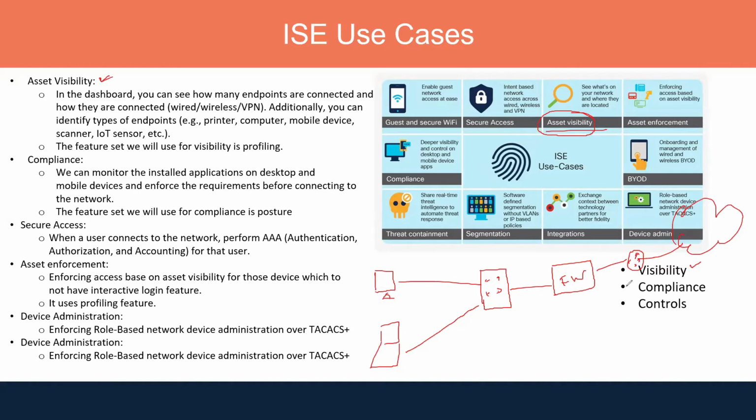The second scenario is where the user is connecting remotely. Let's say we have one VPN firewall over here. This is a VPN firewall or VPN device, and one leg of the VPN firewall is connected to the internal switch.